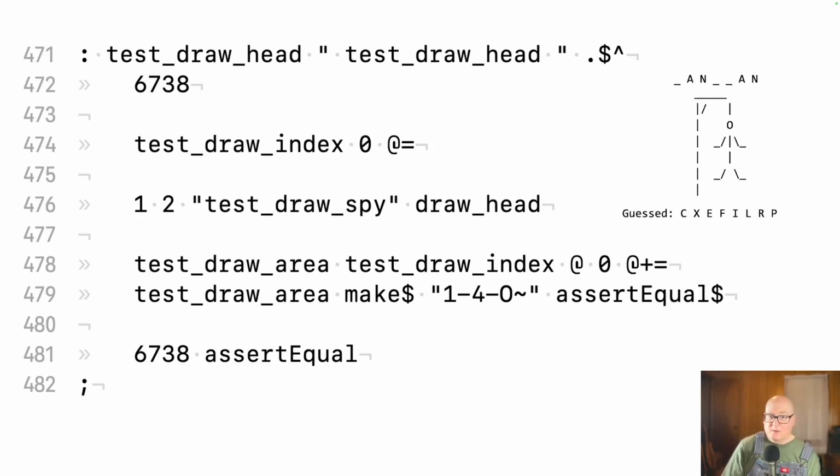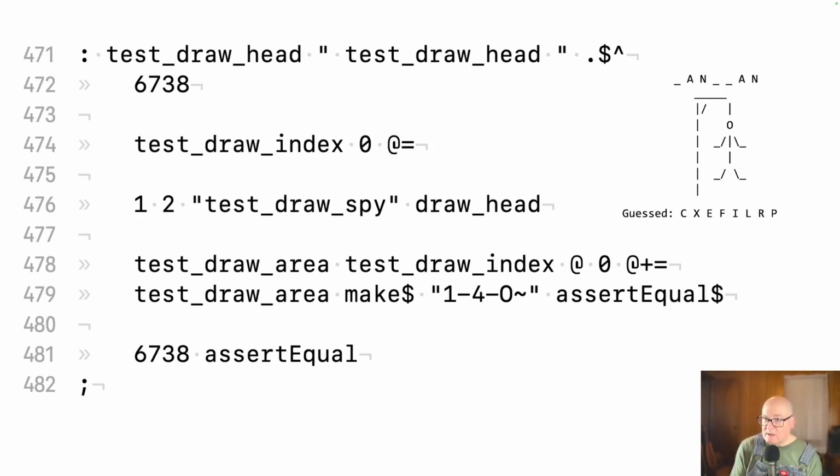All right, and so we're going to put 476, the actual test part. 1, 2 is row 1, column 2. So I'm drawing. Basically, I'm going to give these draw routines, pretend there's a bounding box drawn around, like from the head to the feet, and left and right. We're going to make that little bounding box. 1, 2 is going to be the top left corner of that box.